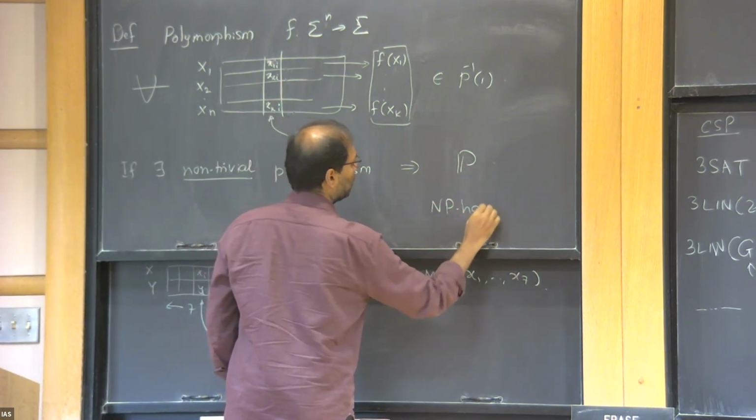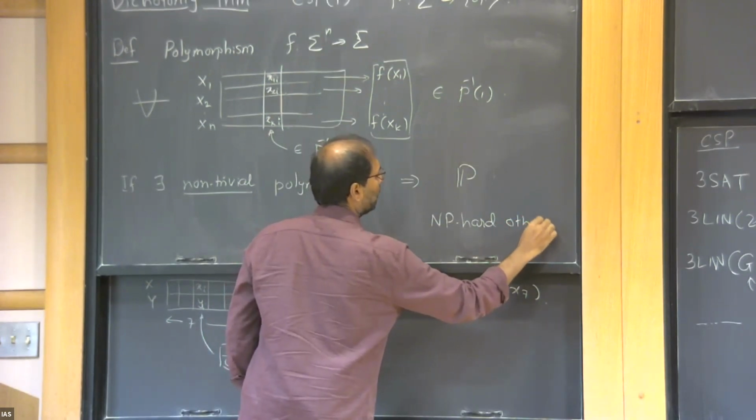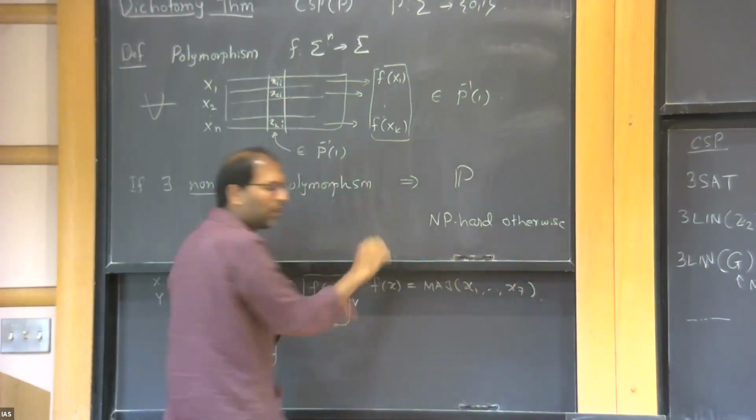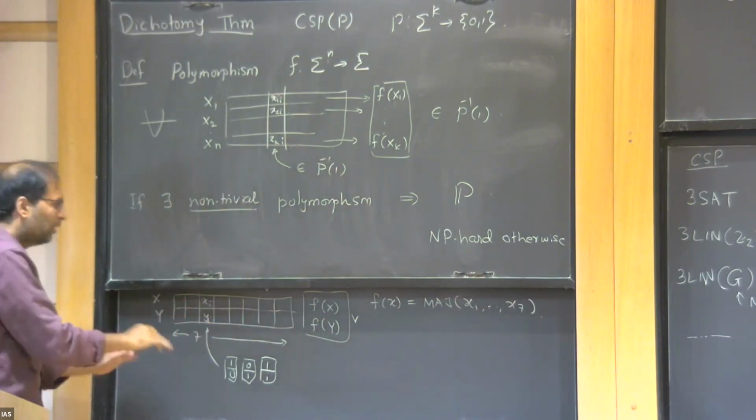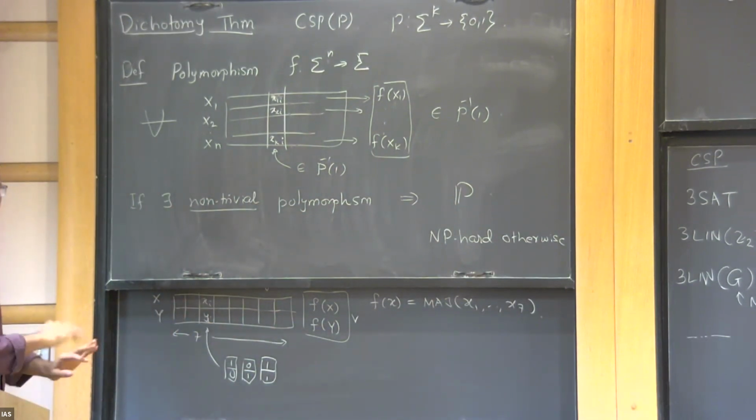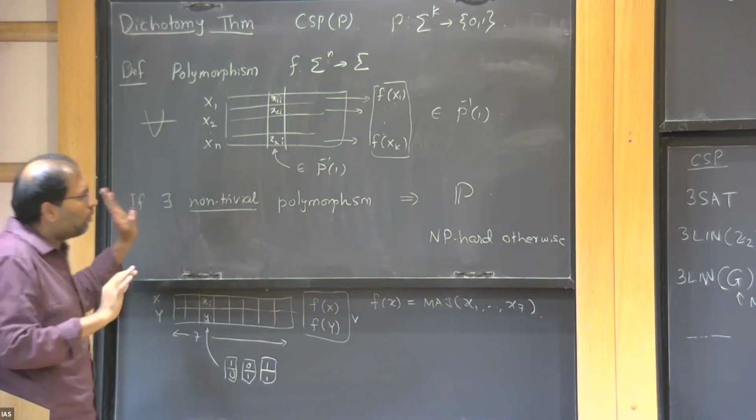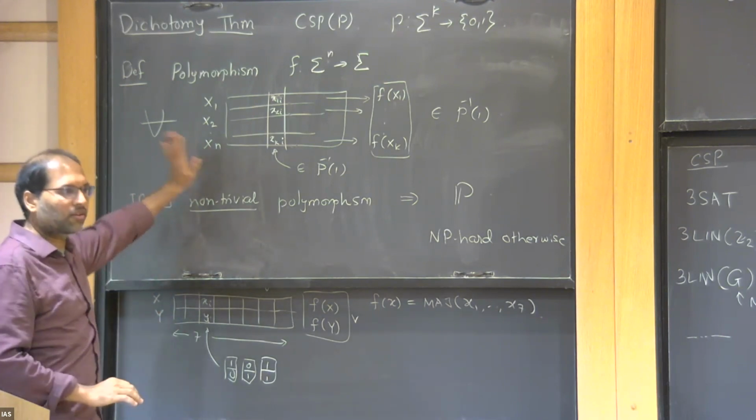If there is no such polymorphism, there are some subtle issues which you have to take care of. So I'm ignoring some subtleties, but on the whole, this is the characterization.